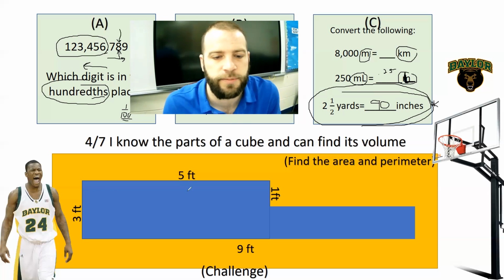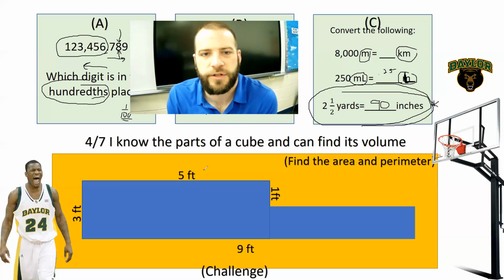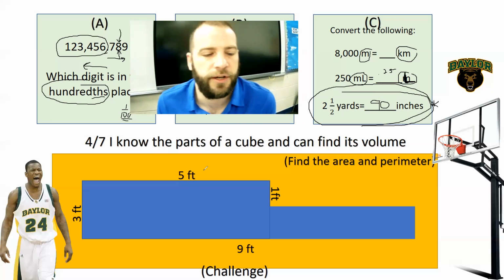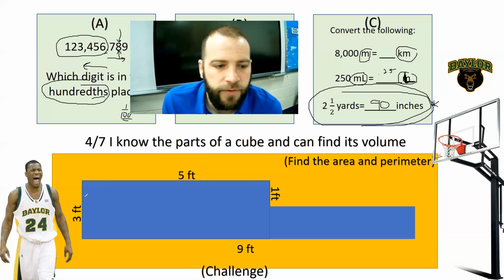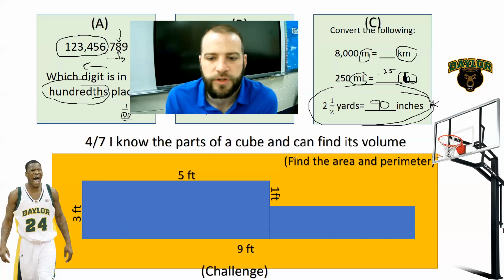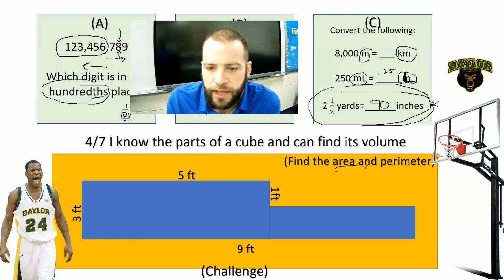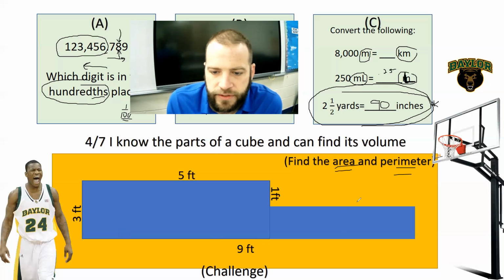So let's look at this problem. I tried to take away the fractions to make it a little bit easier. We have 3 feet, 5 feet, 1 foot, and then this whole entire thing's 9 feet. So we want to find area and we want to find perimeter. Well, let's first fill in this number right here and this number, because everything else we have.